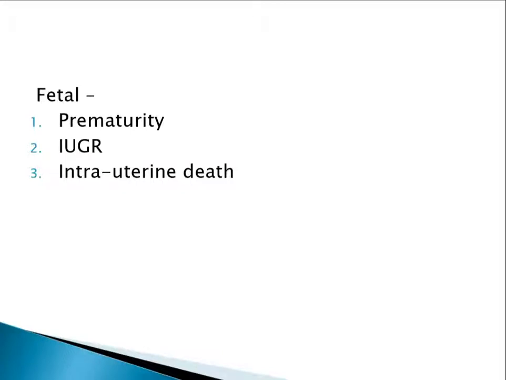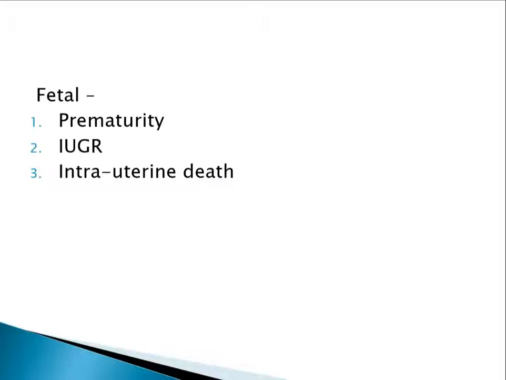IUGR, the intrauterine growth restriction, can occur. When does this occur? This occurs if there is vasculopathy, when the changes in the blood vessels are so much, particularly in severe hypertension, that there is chronic hypoxia to the fetus. The fetus does not get enough blood supply through the placenta because all the placental vessels are also affected.